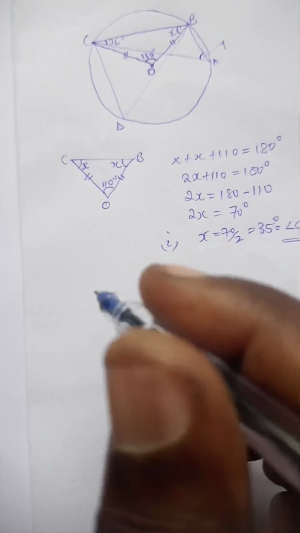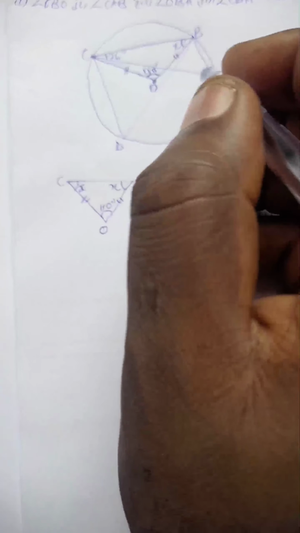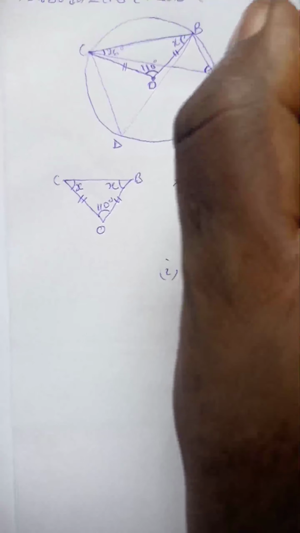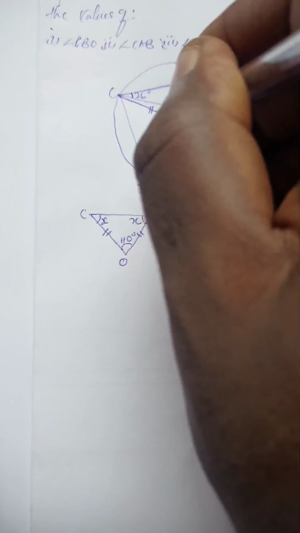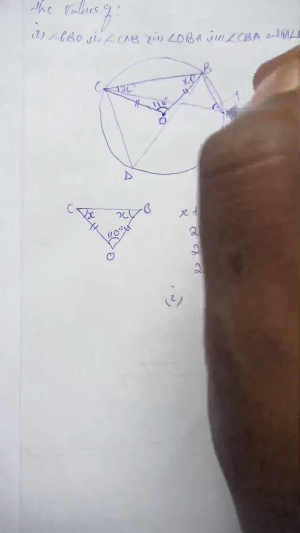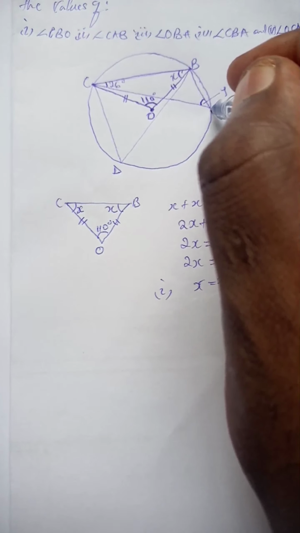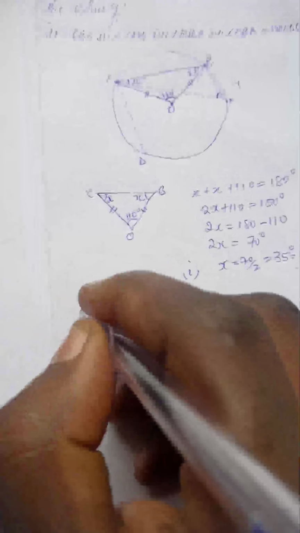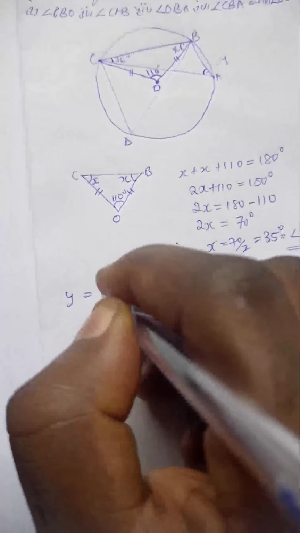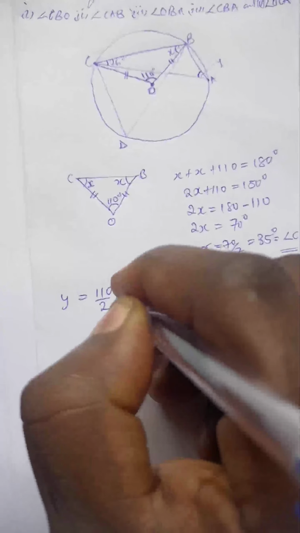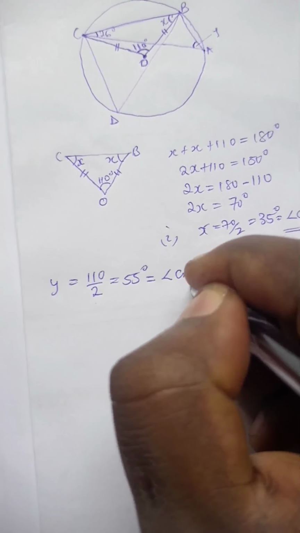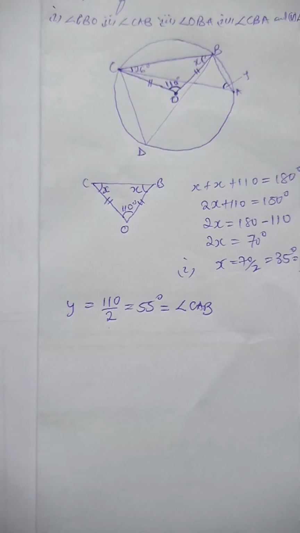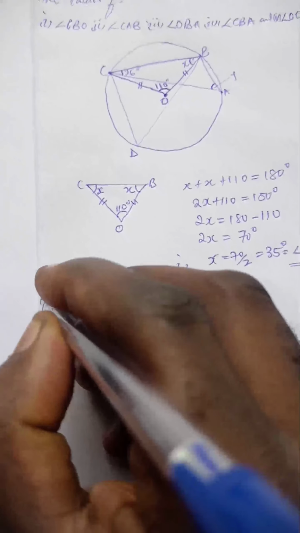One of the laws says that the angle at the circumference of a circle is half of the angle at the center, or the angle at the center is twice the angle at the circumference. So y is equal to 110 divided by 2, which gives you 55 degrees. And this is angle CAB. We have answered the second question.